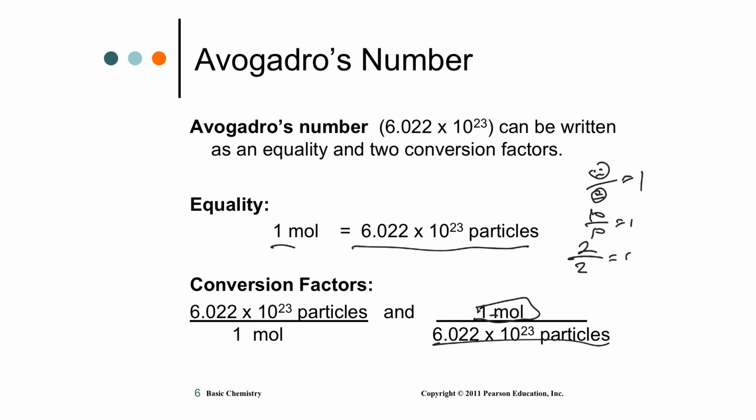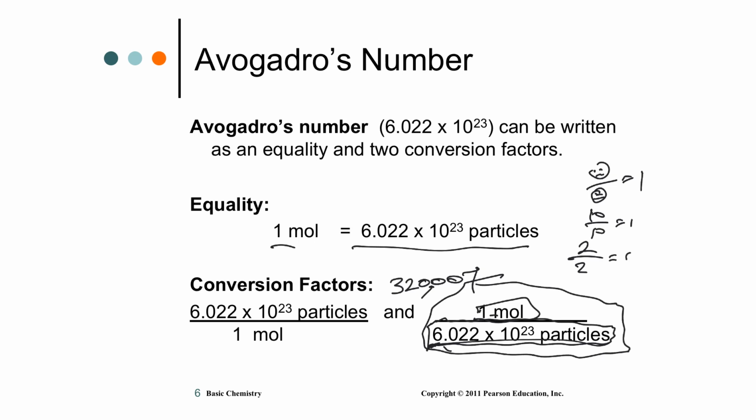So 1 mole divided by exactly the same thing that a mole equals is equal to 1. So if I use this number, 1 mole over 6.022 times 10 to the 23rd particles, I'm multiplying something by the number 1. I'm not changing its value, but if I have particles, okay, let's say I have 320,007 particles, I can multiply by this, which is just the number 1, not change its value at all, but cancel particles and change it into moles.